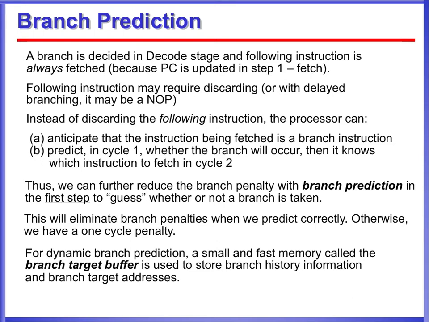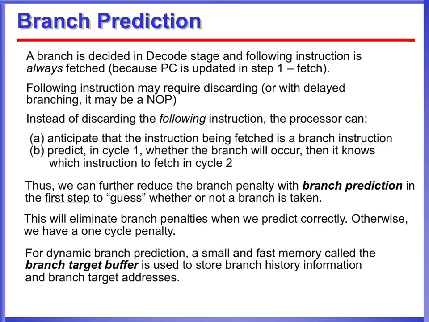Okay, so you just have this little bit of memory. For every instruction you fetch, you compare the address of that instruction, where it's stored in memory, to the addresses in the table. If it's not in there, it's not a branch, so I just keep going with step 2, decode and do the rest of what I need to do for that instruction. But if the address of the instruction I fetch is in this branch target buffer, well, the only addresses I have in the branch target buffer are the addresses of branch instructions.